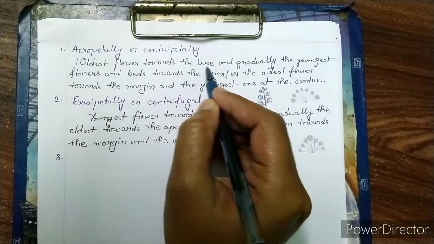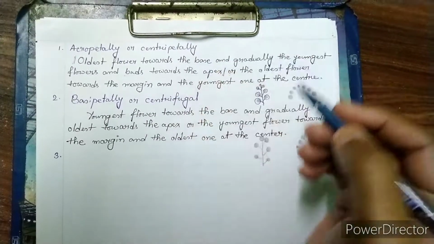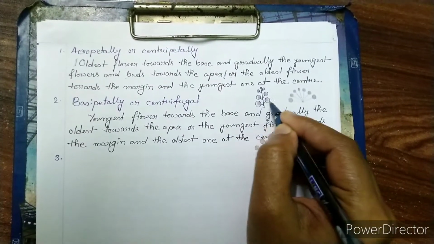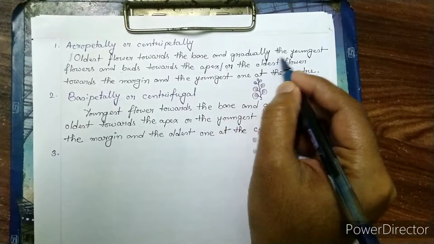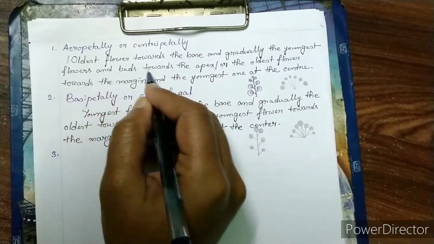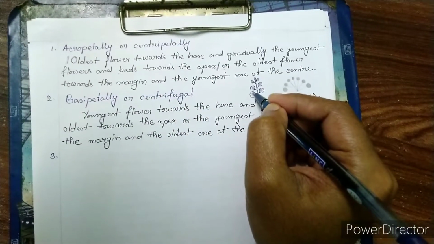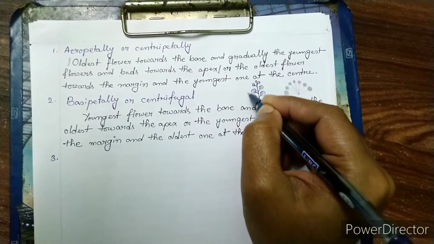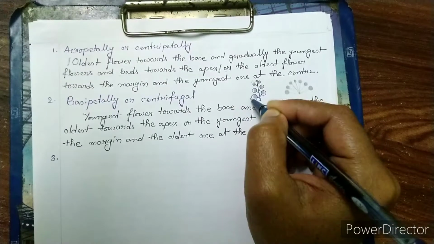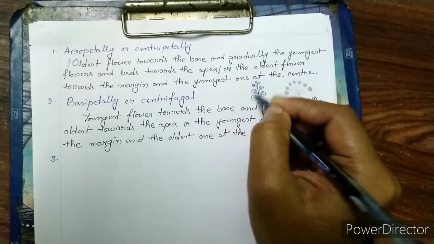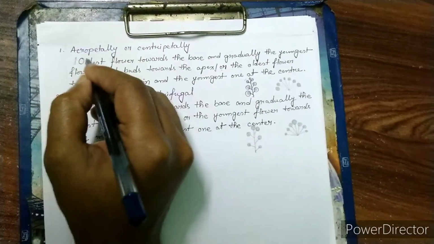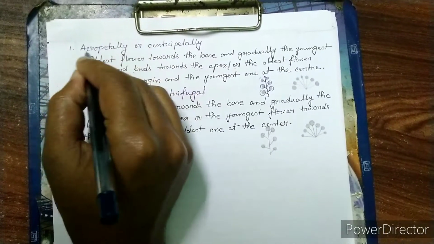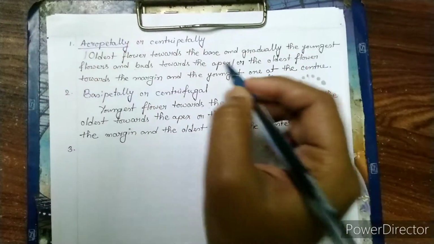The oldest flower is towards the base, and gradually the youngest flower or buds toward the apex. So this gradually changes from base to apex. Okay, I hope this is clear. And this is acropetal arrangement, or acropetally, you can call it anything.